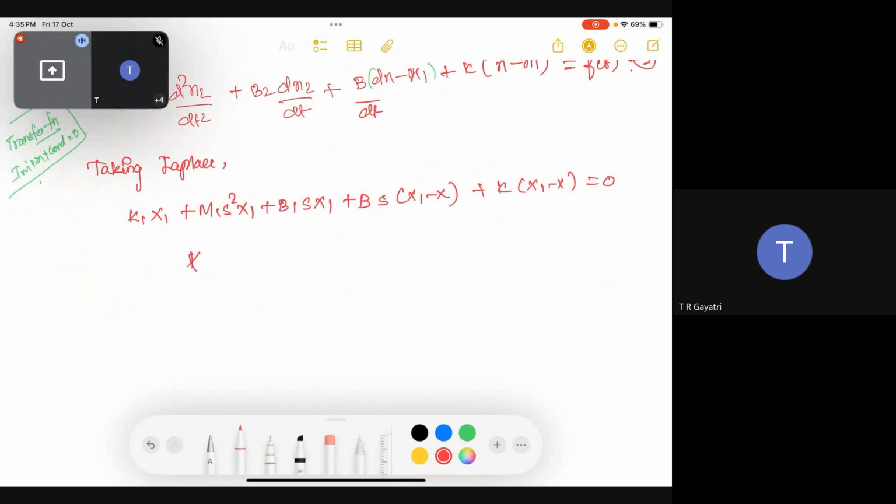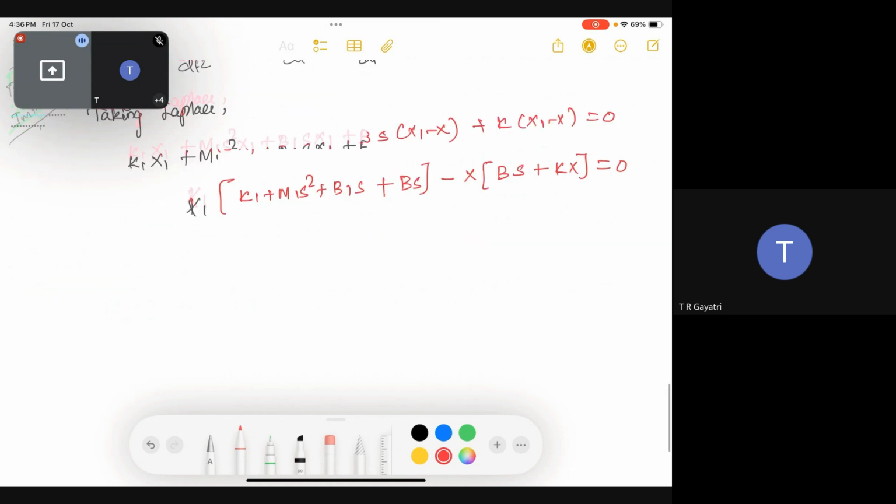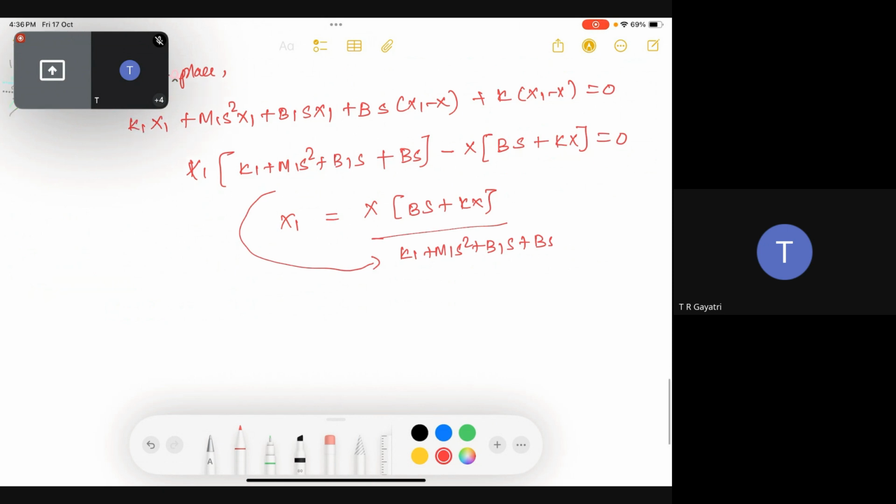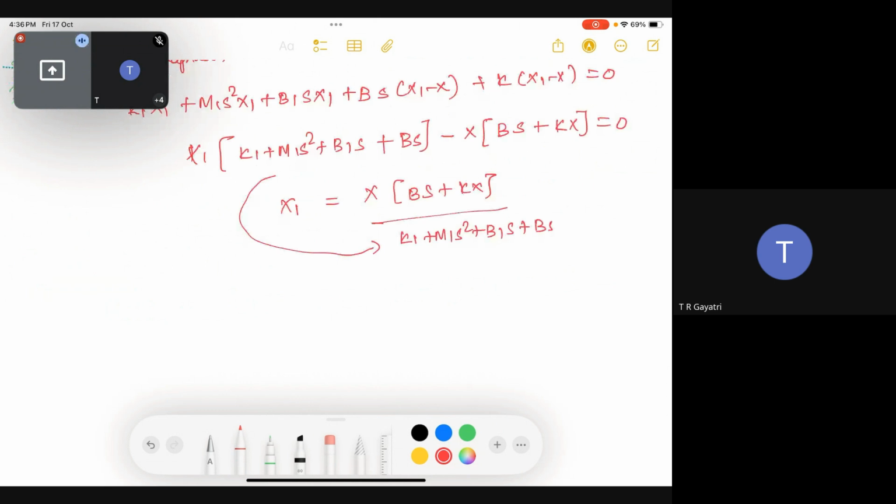Now keeping X1 separate: (k1 plus m1 s square plus b1 s plus b s) X1 minus (bs plus k) X equal to 0. Now I'm keeping X1 here and pushing all other terms to the other side: X1 equals (bs plus k) X divided by (k1 plus m1 s square plus b1 s plus b s). That's it. So now I have one equation from solving the first equation.